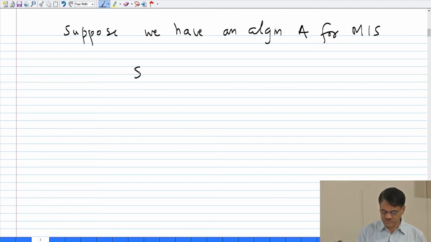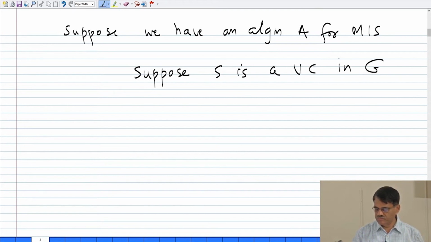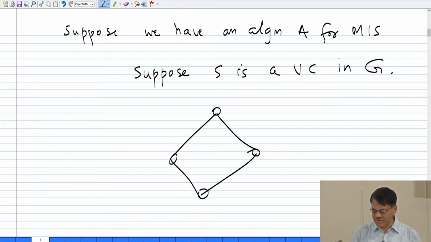So, suppose S is a vertex cover in a graph. Okay, so here is my graph. I need to draw some picture sometime at least.